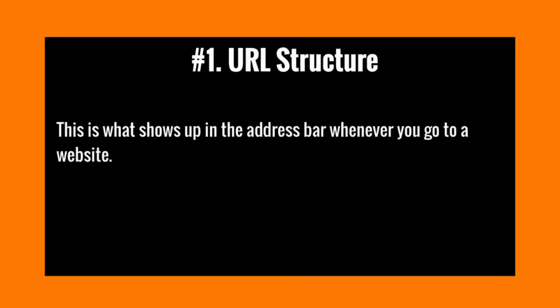Whenever you go to any website, you see the domain name, the page name, and all that in the search bar at the top. That is the URL structure. Now, the URL structure is very important because it tells Google and other search engines, are you a brand? Are you a specific keyword? What is your website about? Now, that's just one element. There's a lot of other elements as well.